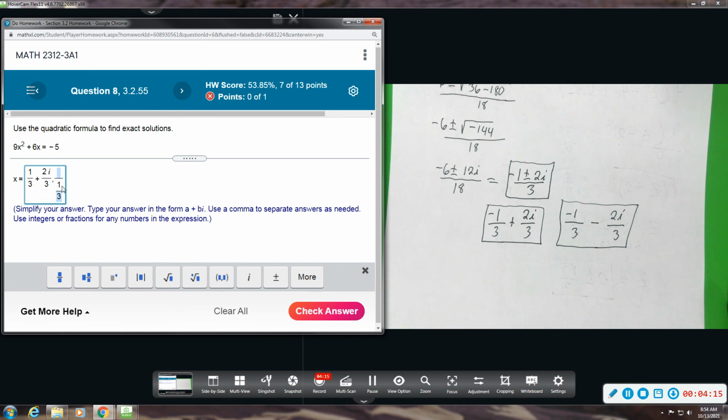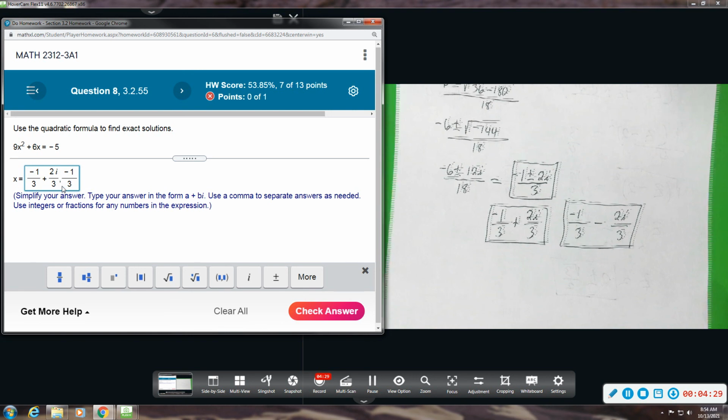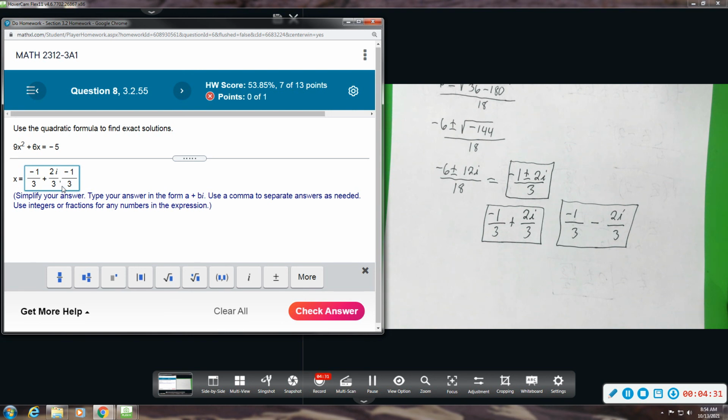And I'm jumping ahead of myself. I need to do my negative 1 over 3. Let me go back and fix that. That'll cause a lot of problems. Negative. There we go. So negative 1 over 3 minus 2i over 3. So this is what you want in a plus bi form.